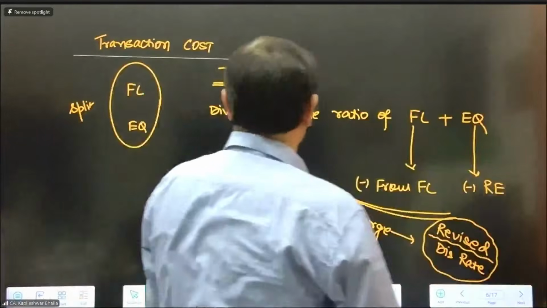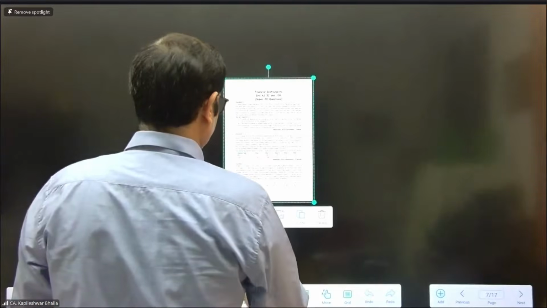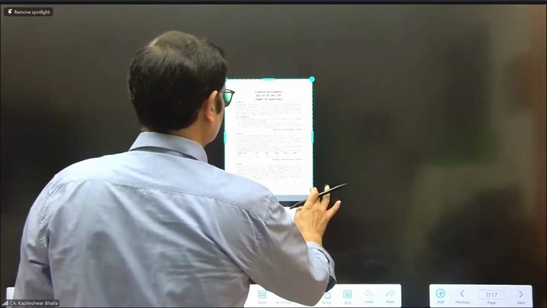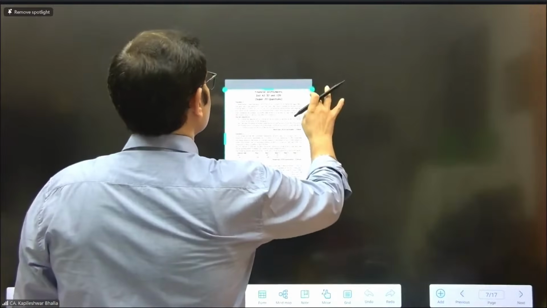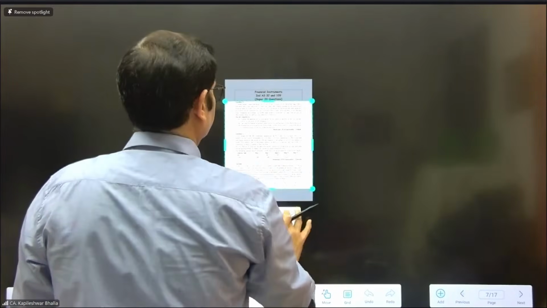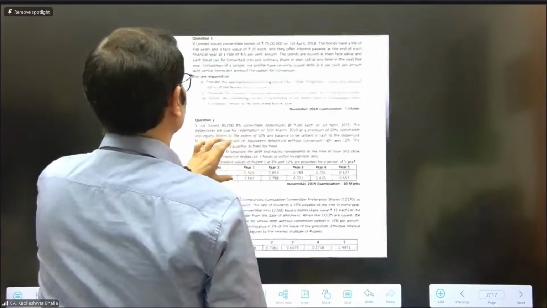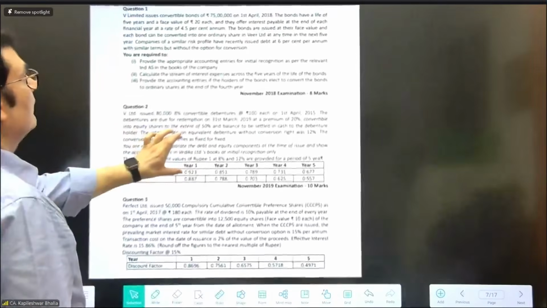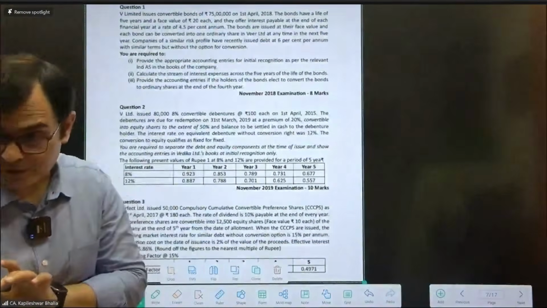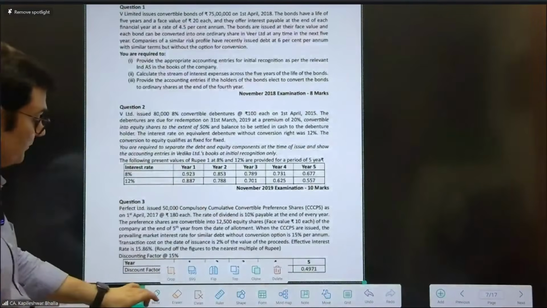So let's begin with a question on compound financial instruments. Let me zoom this to you. Let me know, friends, if this is visible. Otherwise, I'll share my screen on the laptop.